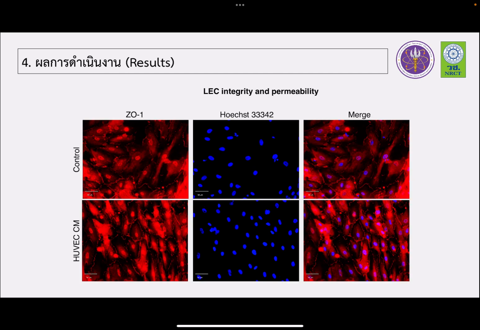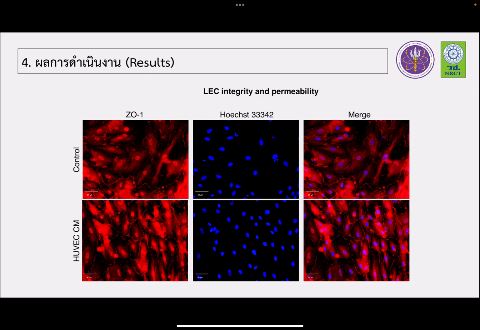So after all of these results that we found, we also want to see whether the HUVEC conditioned media would affect the function of the newly formed LECs or newly formed lymphatic vessels by looking at the LEC integrity and also permeability by observing the ZO-1 protein, which is a tight junction protein, and this protein should be localized in the cell membrane where cells are connected.